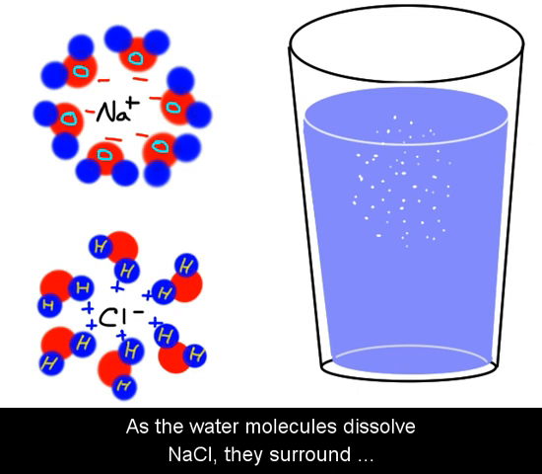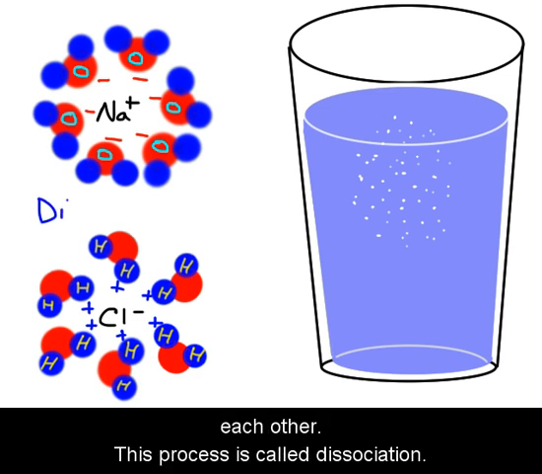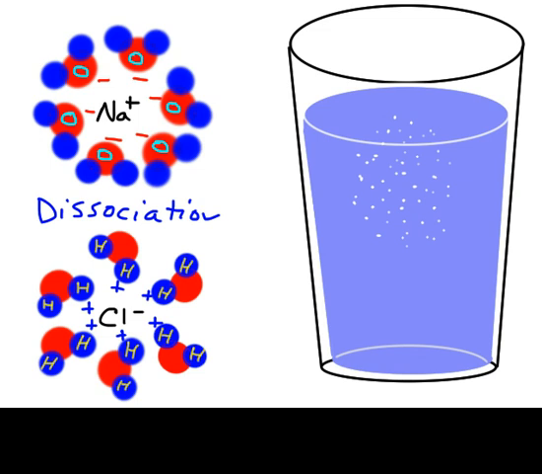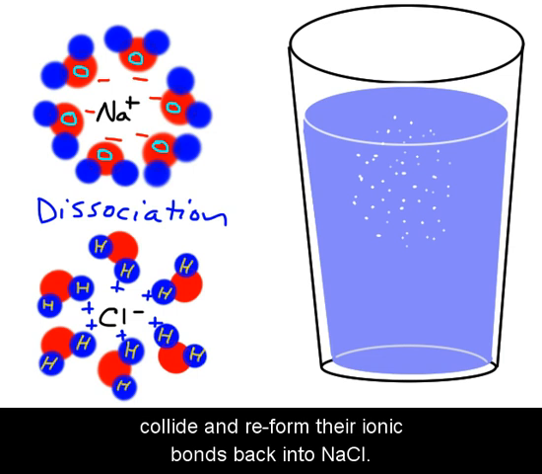As the water molecules dissolve sodium chloride, they surround the sodium and chlorine ions and keep them separate from each other. This process is called dissociation. By hydrating the sodium and chloride ions, they are less likely to collide and reform their ionic bonds back into sodium chloride.